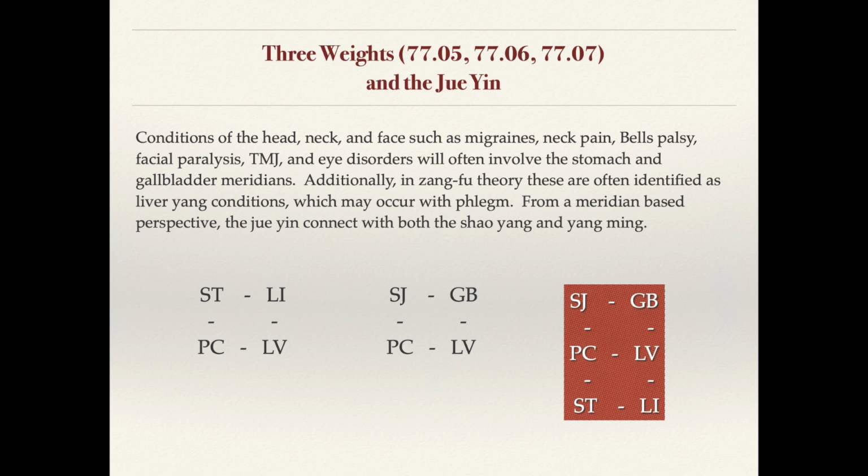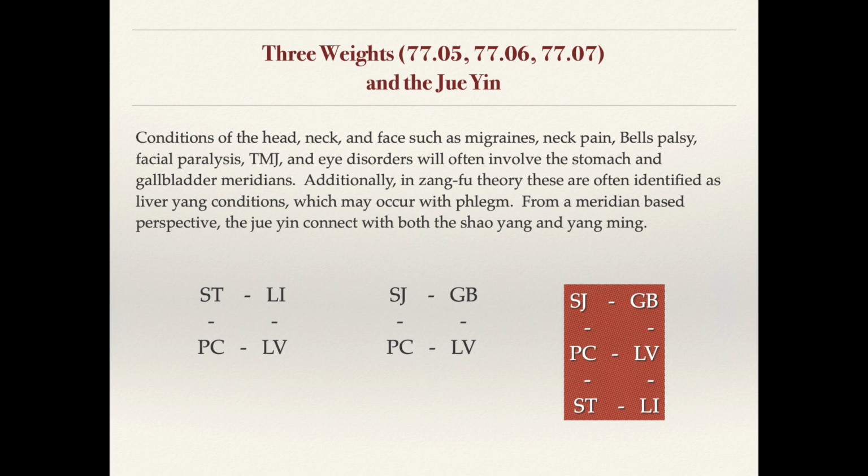But then when you've got liver yang rising with phlegm, we'll start to see more of the stomach and spleen patterns arise. So understanding that there's this relationship with the jue yin and the yang ming and shao yang meridians starts to make things a lot easier.